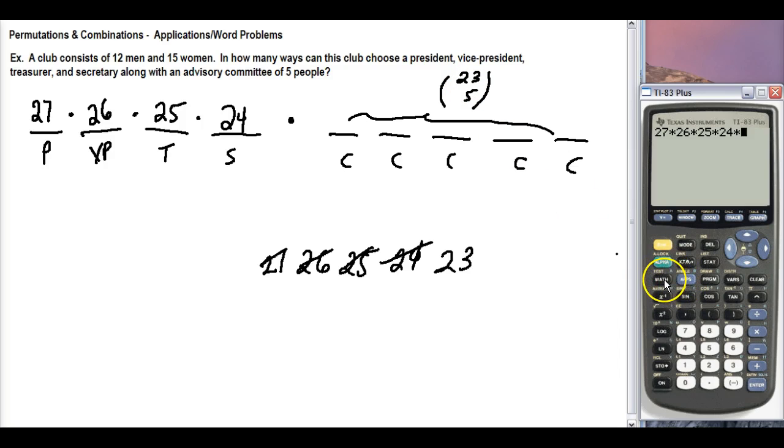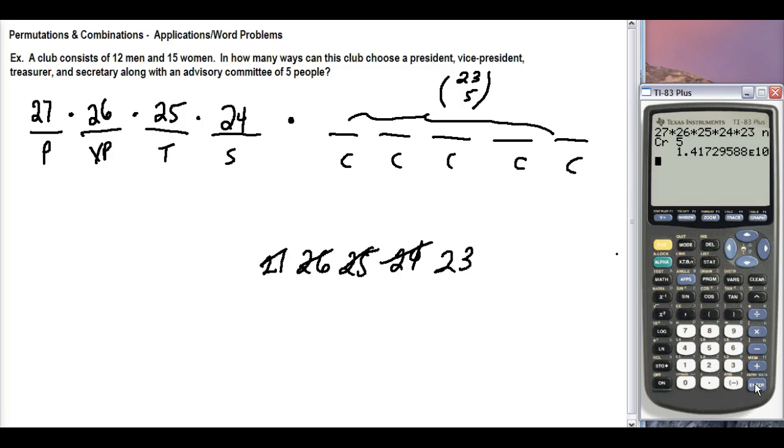So we'll go here to our math button. Oh, sorry, need to go back. We need to first put in our 23 and then go to our math button. Go to probability, select option 3, and then after that, select 5, and then just hit enter.